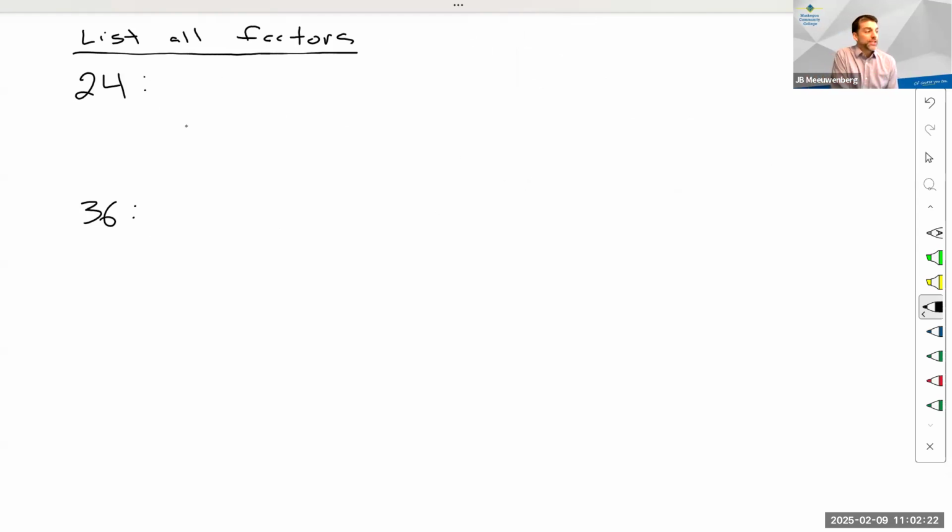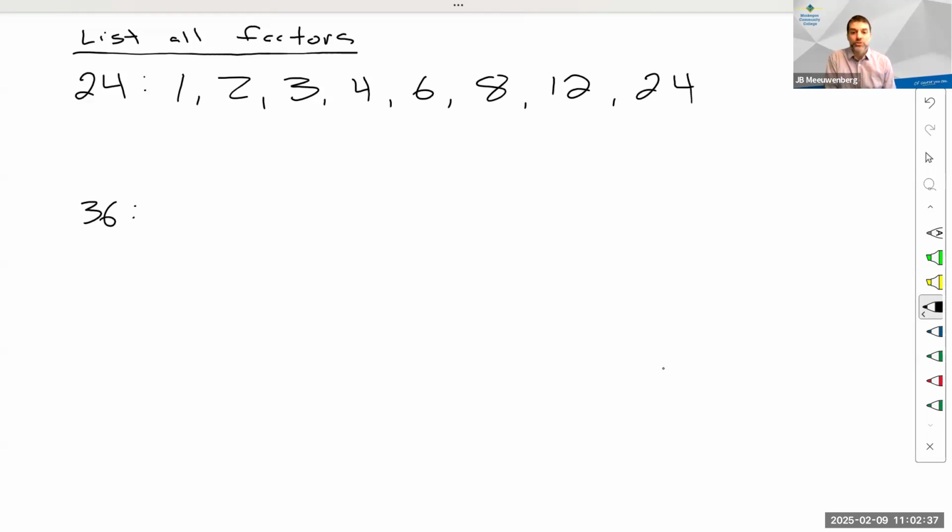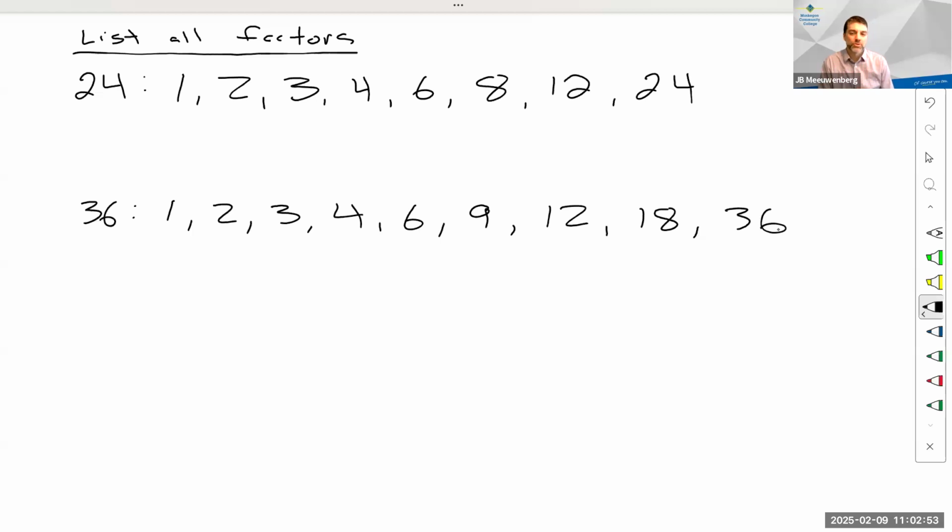If you go through the process, what you'll see is all the factors of 24 would be 1, 2, 3, 4, 6, 8, 12, and 24. All of the factors of 36 would be 1, 2, 3, 4, 6, 9, 12, 18, and 36. So 36 has some additional factors.